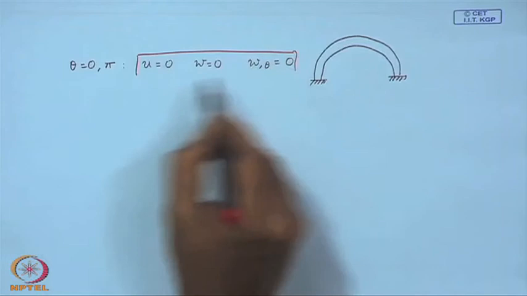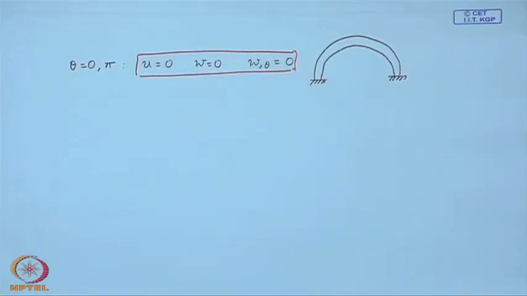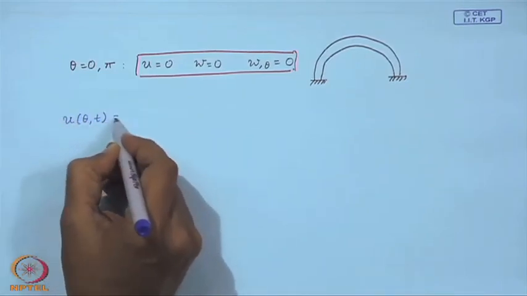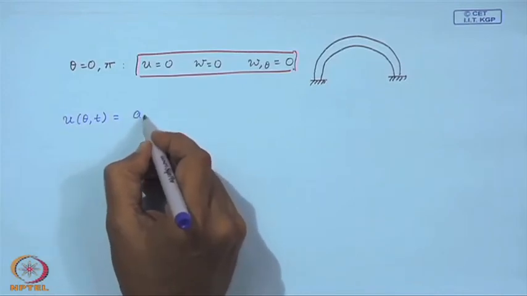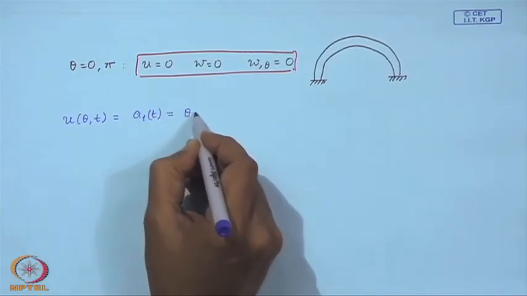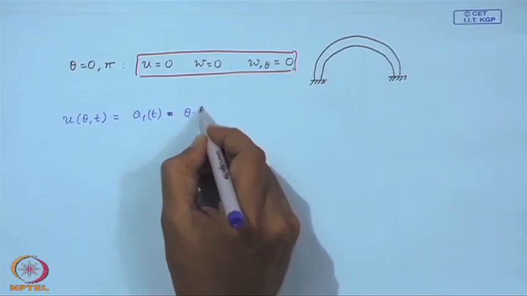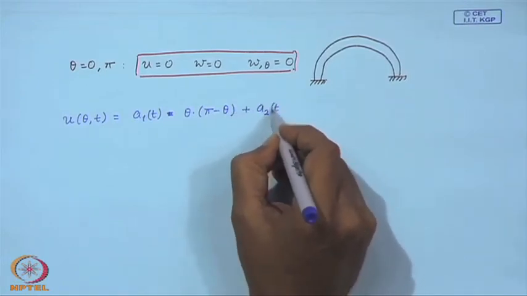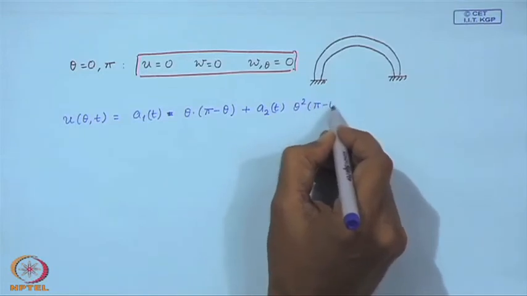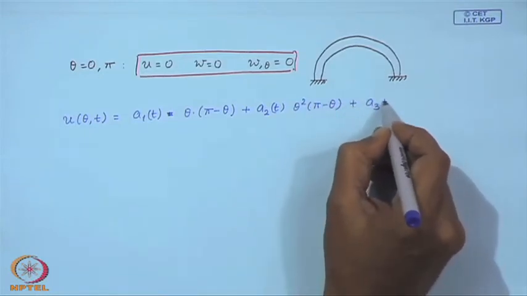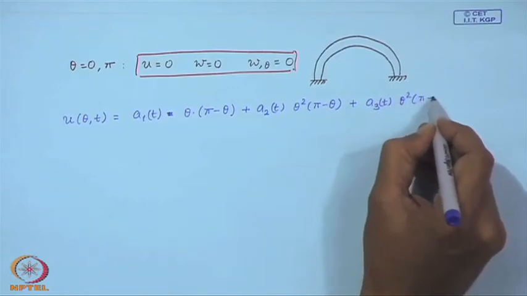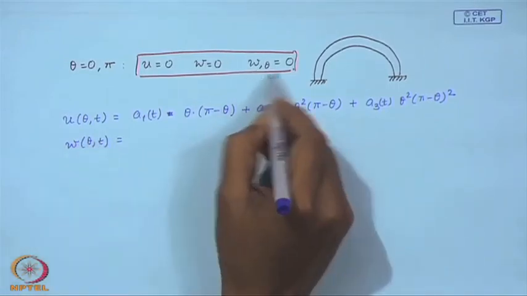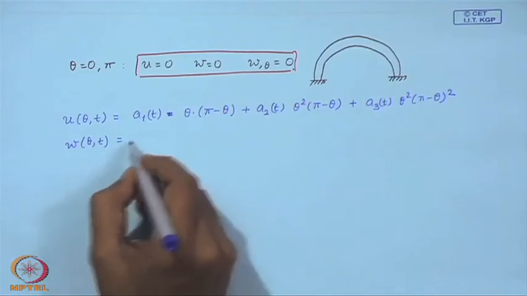Now, here all the boundary conditions are geometric boundary conditions. So, in view of this, we have this expansion. Now, here because you have this slope condition as well, so, the del w del theta condition.